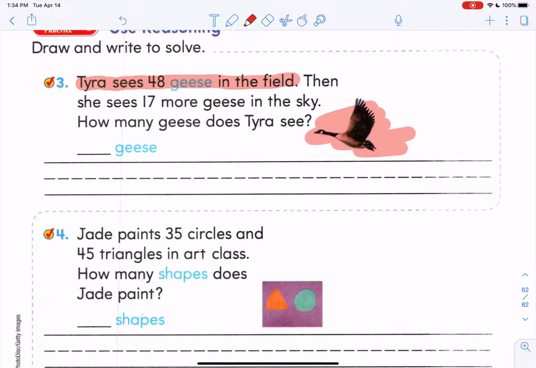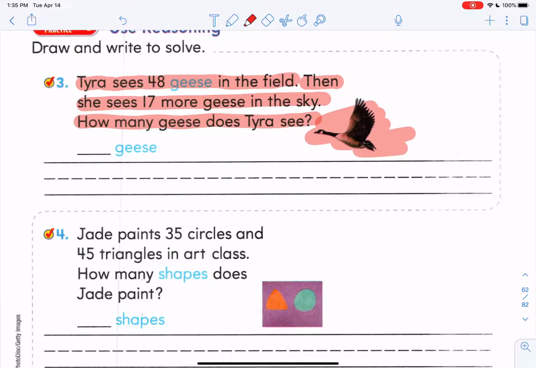Geese just means a lot of gooses. I don't know if we could say gooses, but geese means more than one goose. There you go. Okay, so she sees 48. Then she sees 17 more geese in the sky. How many geese does Tyra see?